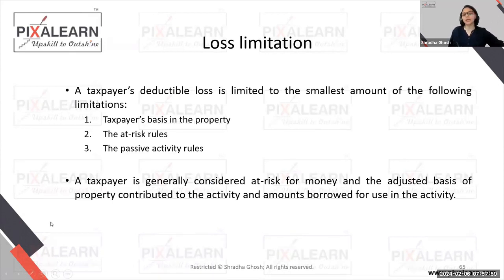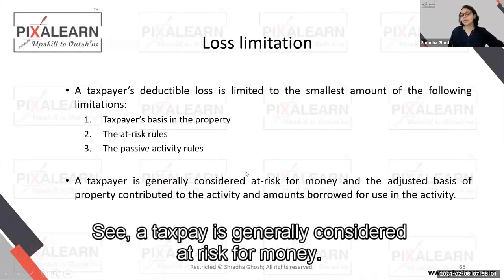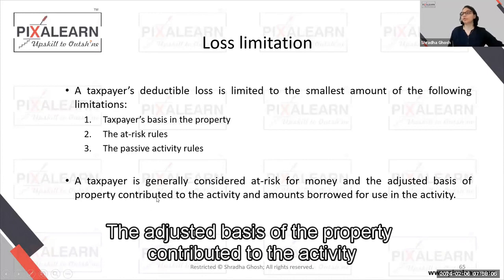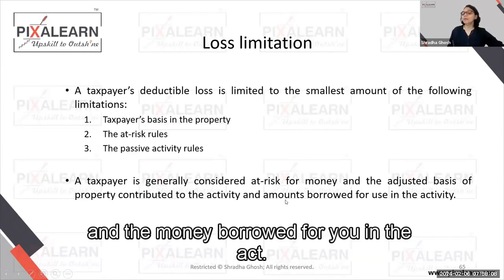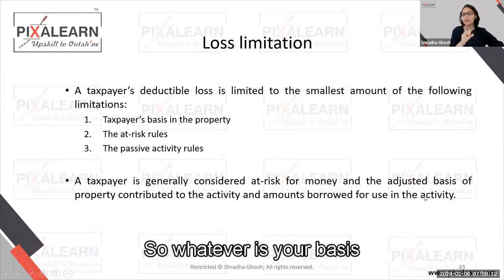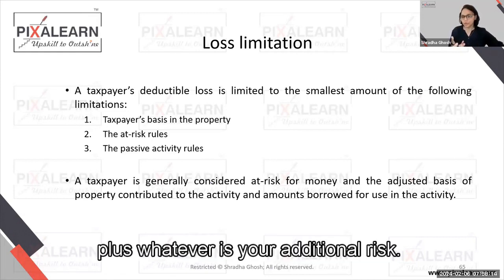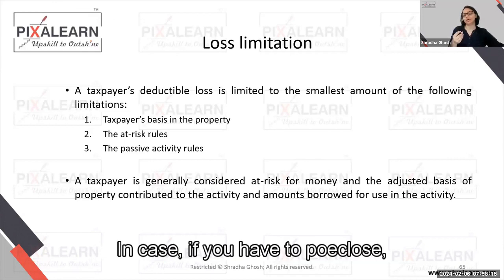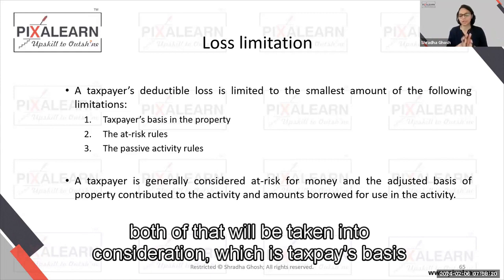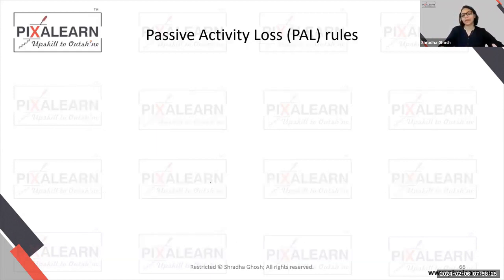A taxpayer is generally considered at risk for money, the adjusted basis of the property contributed to the activity, and the money borrowed for use in the activity. So whatever is your basis, plus whatever is your additional risk in case you have to foreclose, both of that will be taken into consideration, which is the taxpayer's basis and the at-risk rules.